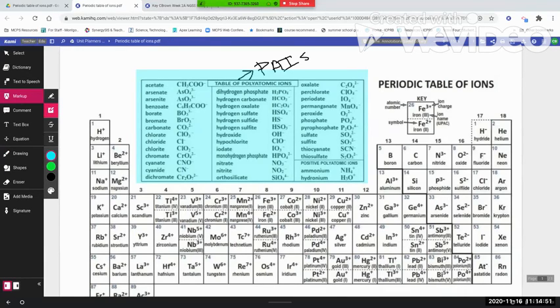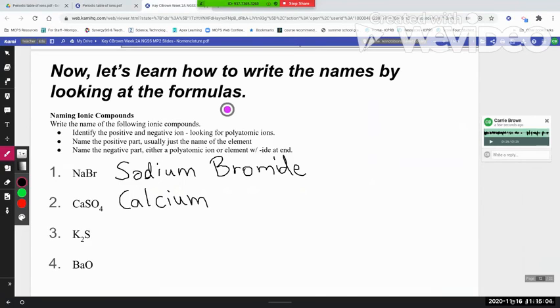And they're kind of alphabetical. If you notice, it is in the far right column. It says sulfate is SO4. You don't have to worry about Roman numerals right now. You don't have to worry about charges. It's just calcium sulfate. Okay.